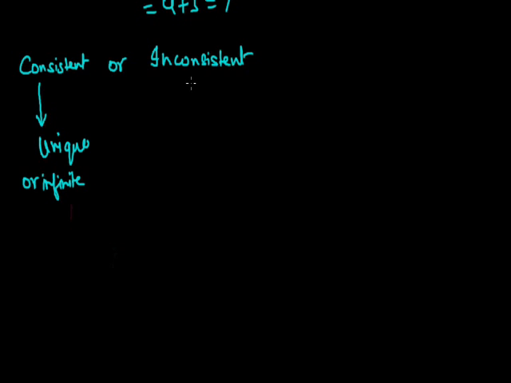But if the linear equation has no solution, it means there is no value of x and y which will satisfy that linear equation, so that linear equation is said to be inconsistent. So for the linear equation to be consistent, we require at least one solution.